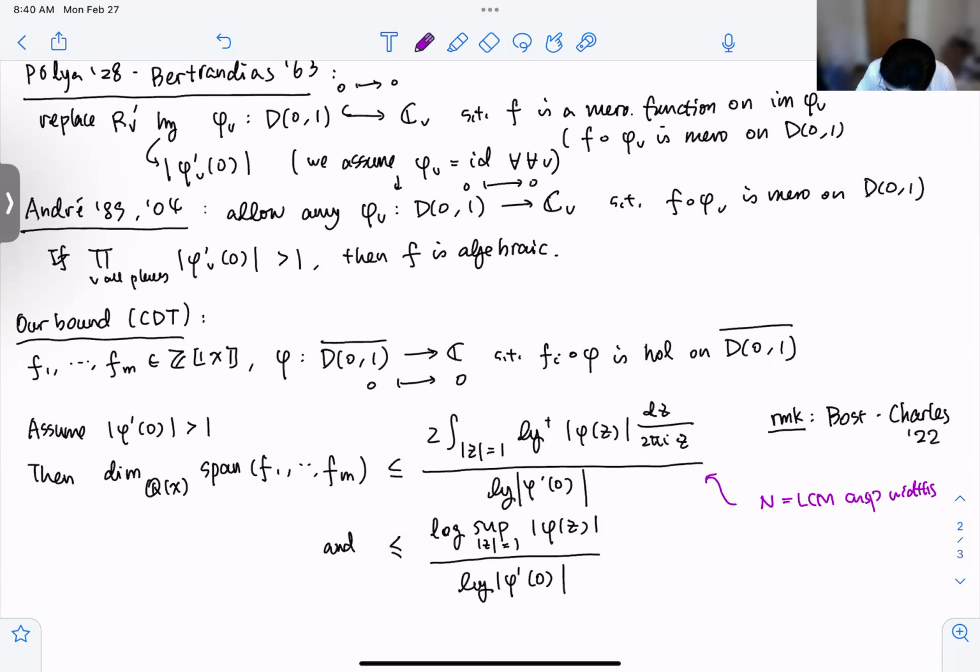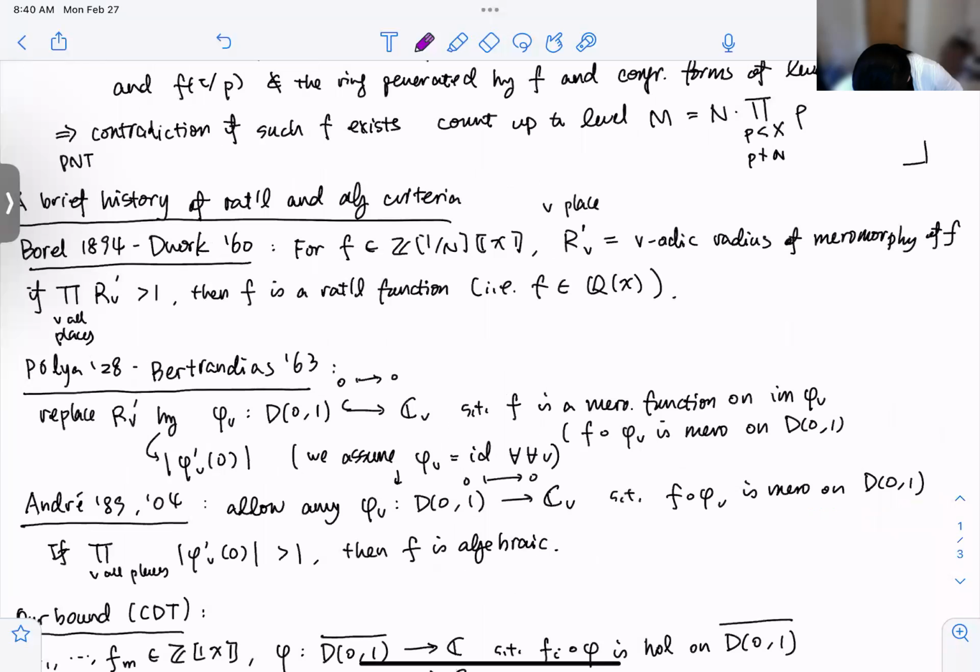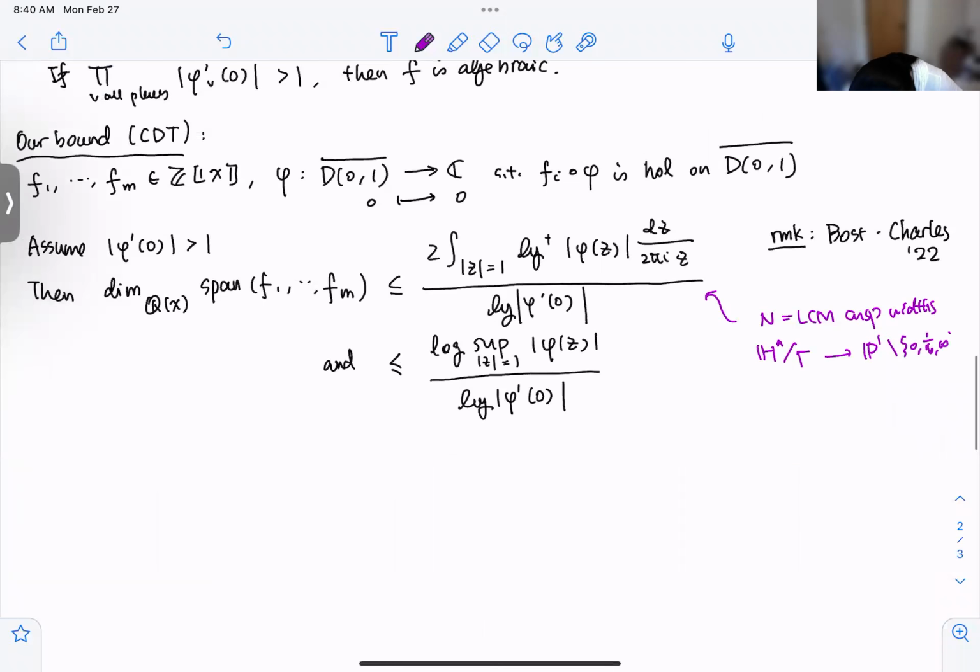The cusp width tells us the local monodromy of the covering from the compactified modular curve to the lambda line, which is P1 minus 0, 1 over 16 and infinity. This map is given by lambda over 16.